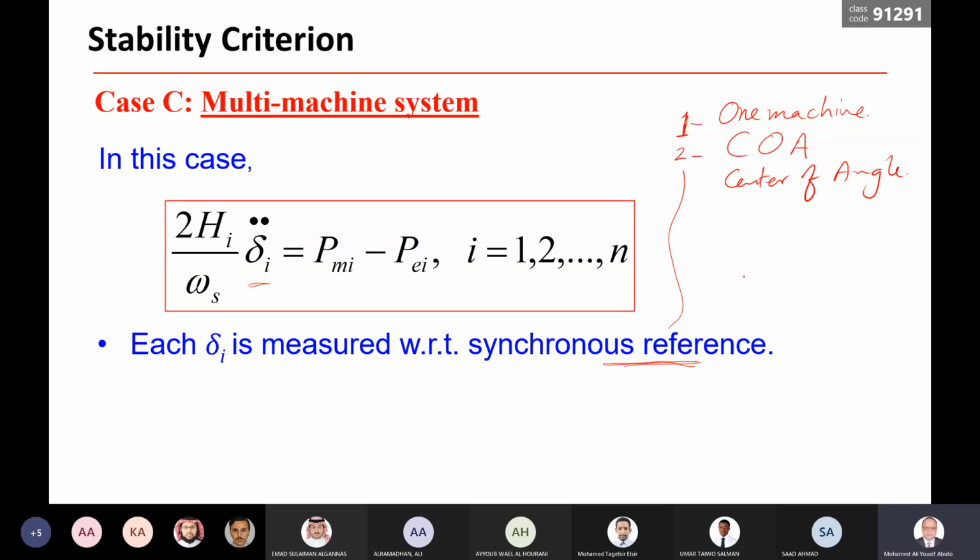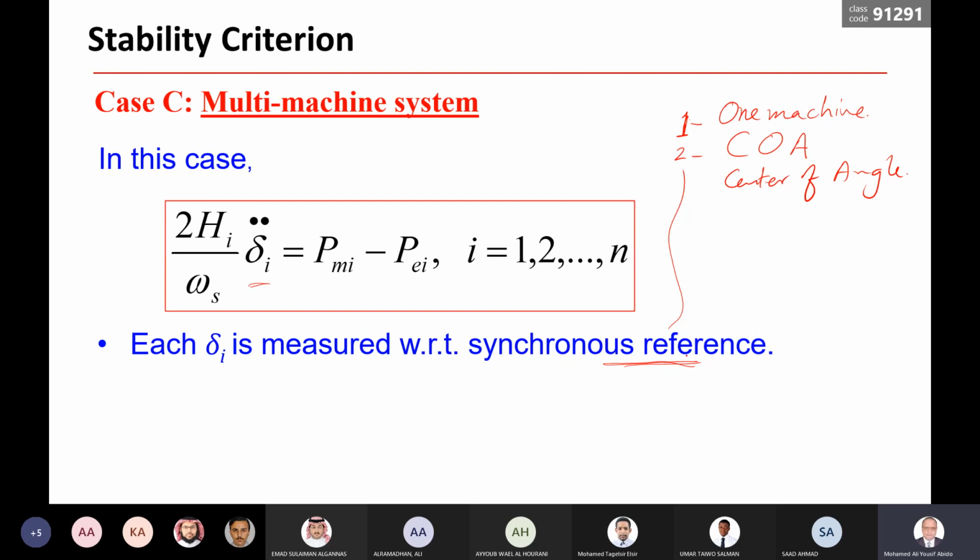We can define a fictitious reference: you find the weighted angles with respect to the inertia, and then you define this as your reference, and you relate all the angles to that one.